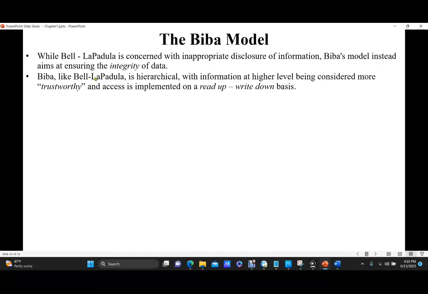Like Bell-LaPadula, the Biba model is hierarchical, with information at higher levels being considered more trustworthy and access implemented on a read up, write down basis.